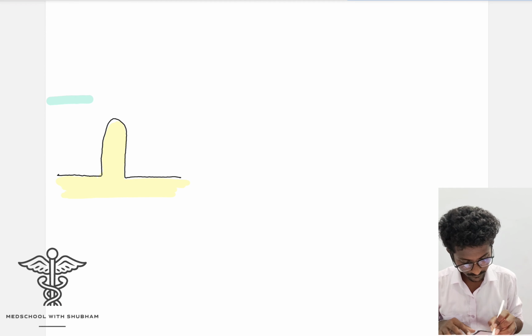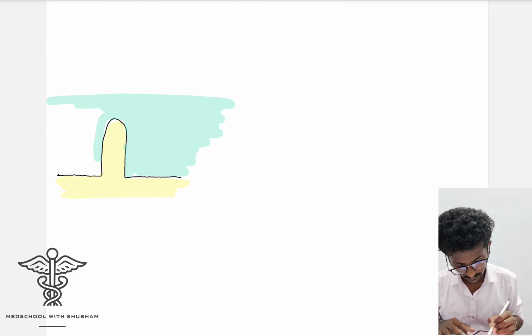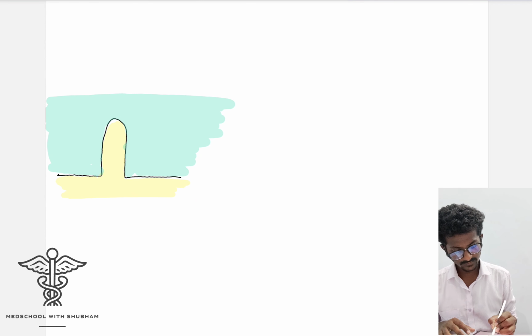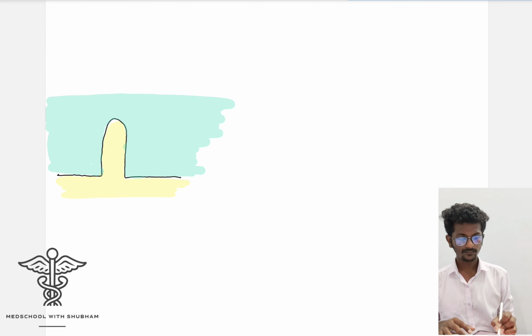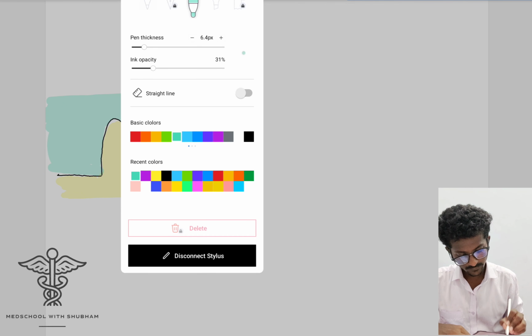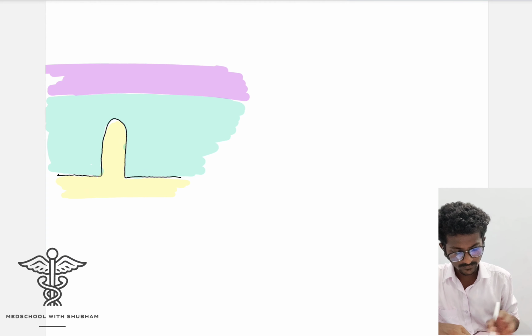Then this is the syncytotrophoblast as I showed in that diagram. This is the syncytotrophoblast. And above the syncytotrophoblast, we shall be having this decidua basalis.